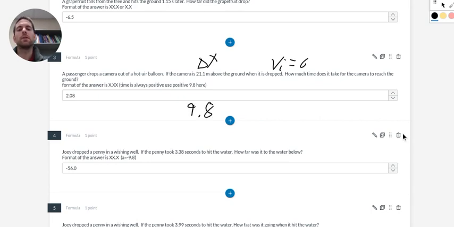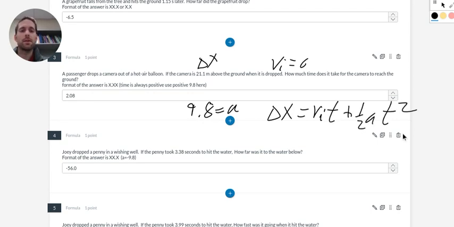So change in x equals V initial times the time plus 1/2 AT squared. And if I get rid of this term, because that's 0, I get some change in x, 21.1 equals 1/2 9.8 times the time squared.